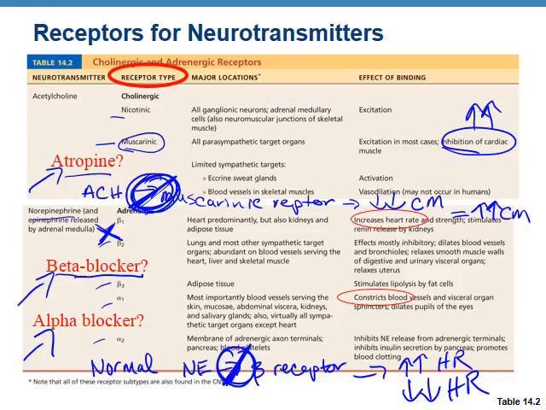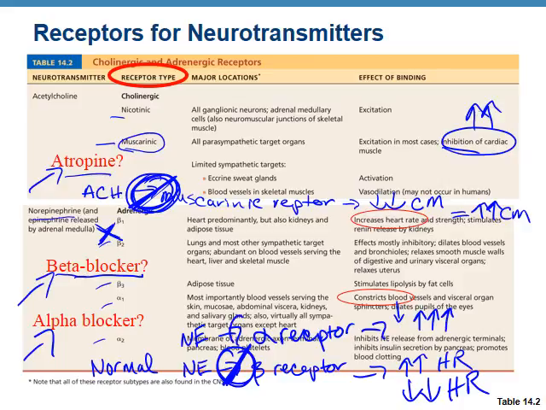So what about alpha blockers? So we'd have norepinephrine going to an alpha receptor, and we said this normally constricts blood vessels. So if you constrict blood vessels, that makes your blood pressure high.